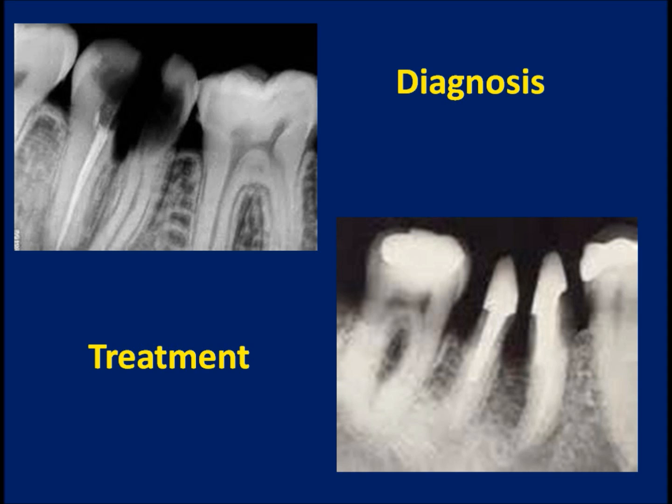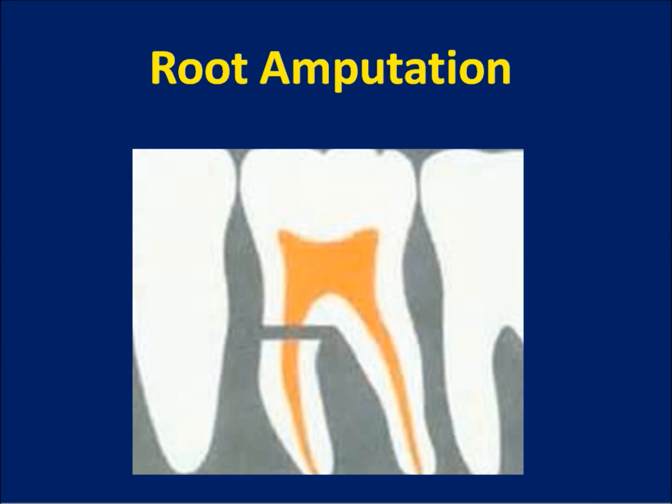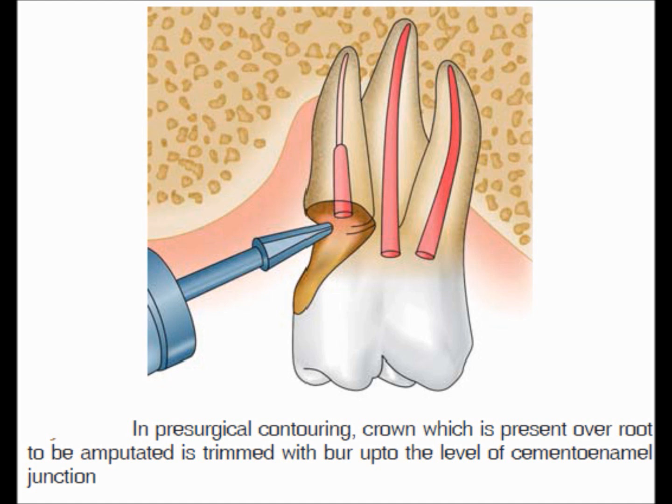This will ensure good access for cleaning the furcation area. Root resection means removal of one root from a multi-rooted tooth without removing any of the coronal tooth structure. This may be done in the maxillary molars.